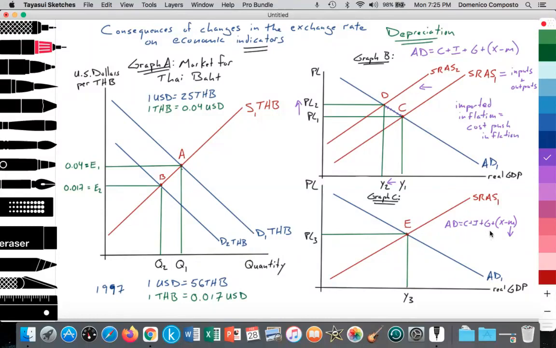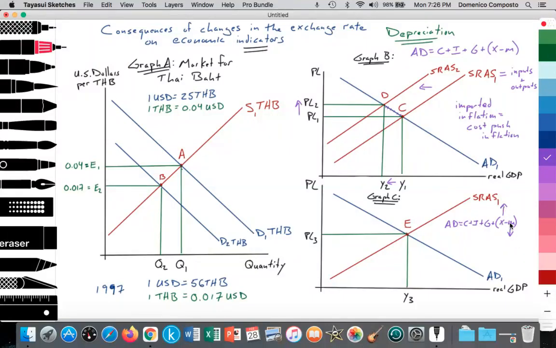So if Thailand experiences a reduction in the Thai baht, whatever Thailand exports, which includes tourism, is an export, it becomes clear to foreigners, Americans, Europeans, people maybe from Japan, that Thailand is very cheap to vacation in. Maybe other goods produced in Thailand are relatively cheap versus other nations because their currency is so weak. So that will lead to exports rising.